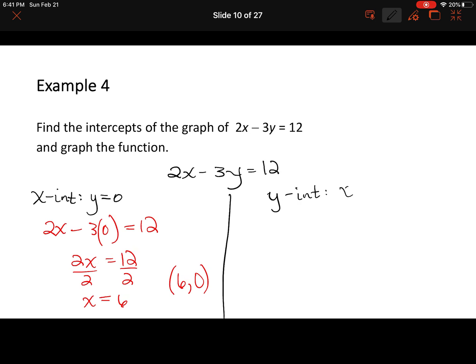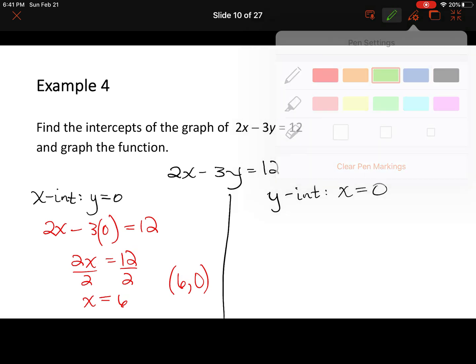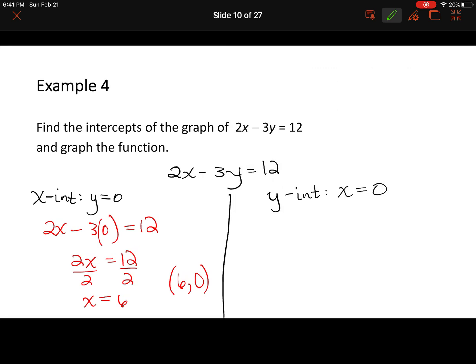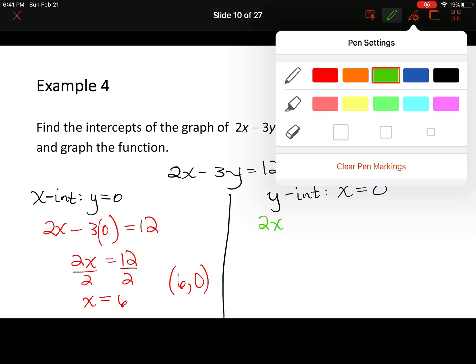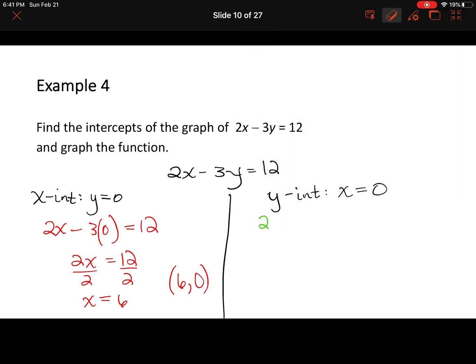We know that the x value is supposed to be 0. So we're going to drop that information off into our function. We have 2x. Moving too fast. Pump your brakes, son. All right, so 2 times 0, because we're finding the y-intercept, minus 3y equals 12.